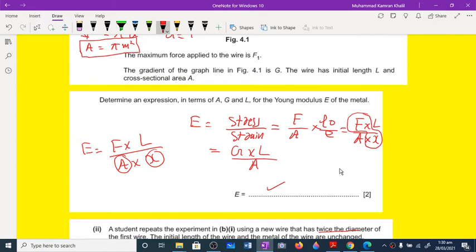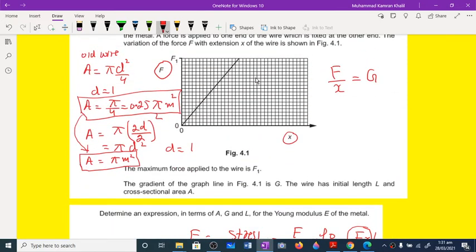When two quantities are multiplied with each other to give a constant, they are inversely proportional. So if the area increases by 4 times, then the extension will decrease by 4 times. So the new wire has an area 4 times the previous one.